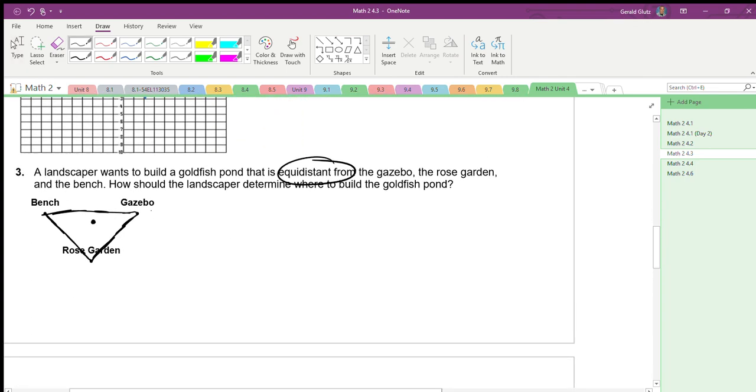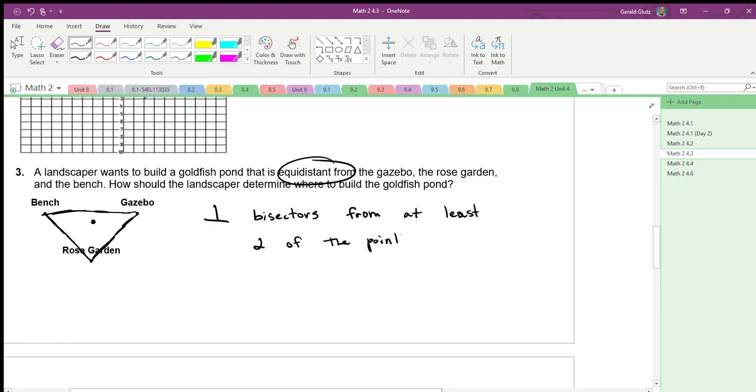So if I circumscribed a circle around this triangle, the center of that circle would be equidistant from each of the vertices. And that's the circumcenter. To find the circumcenter, we do perpendicular bisectors from at least two of the points.